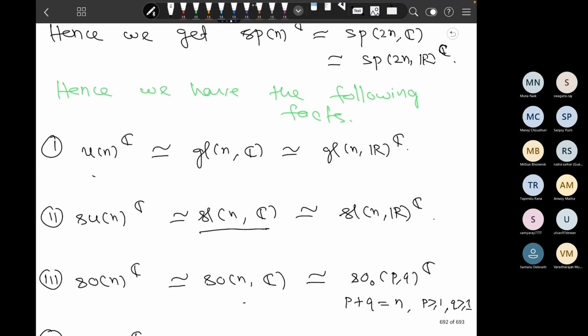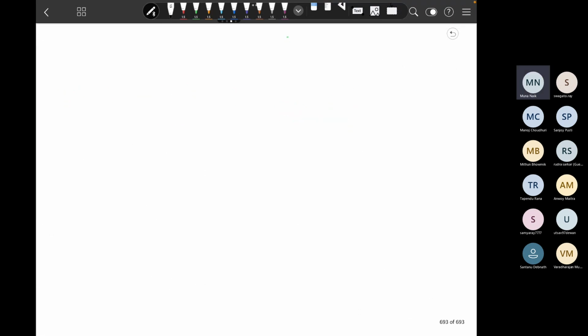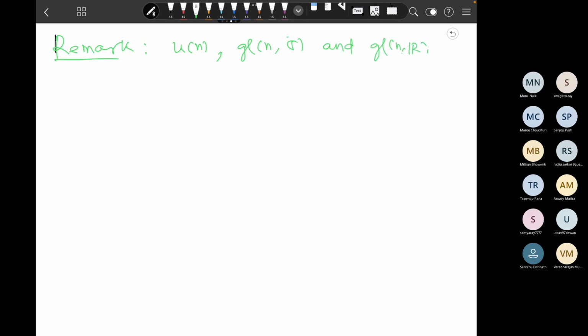So, a remark: UN, GLNC and GLNR are not semi-simple, because if one is semi-simple the others are semi-simple, but you can find that the centers are non-trivial.